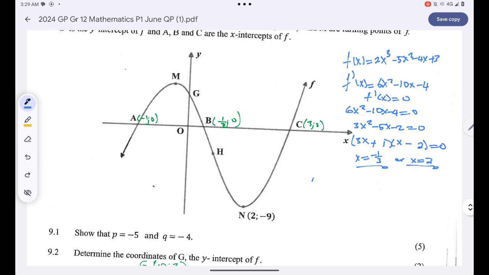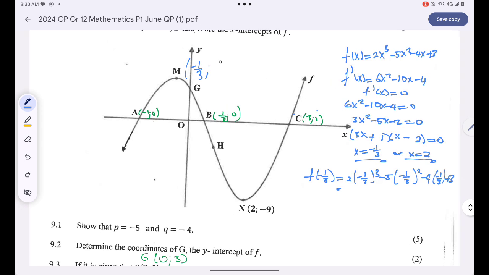So f of negative 1 over 3 is 2 times negative 1 over 3 cubed, minus 5 times negative 1 over 3 squared, minus 4 times negative 1 over 3, plus 3.